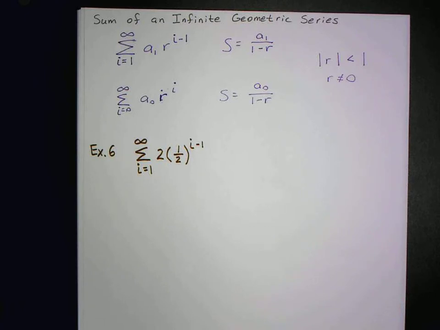If it's equal to or bigger than 1, it'll just keep getting bigger forever. You'll never get closer to anything. If it's smaller than 1, it'll converge to a single number, in which case this formula will work, and it will tell you what that single number is.